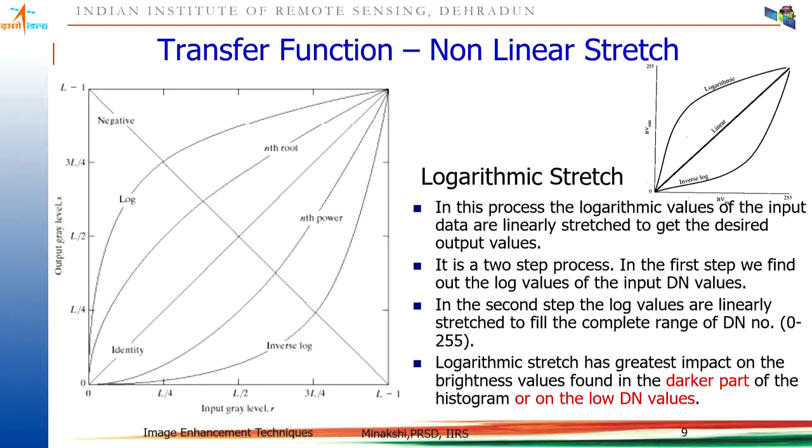Logarithmic stretching or non-linear stretching is enhancing contrast in one range at the expense of contrast reduction in the other range. For example, if I use log stretching, I am enhancing the contrast in the lower DN values at the expense of contrast reduction in the higher DN values. So I do non-linear stretching based upon my object of interest.